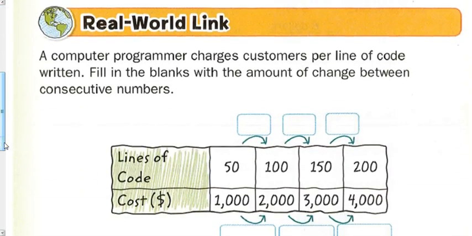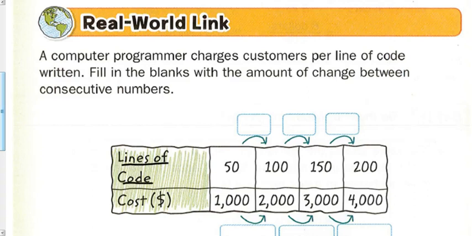So let's look at our real world link. A computer programmer charges customers per line of code written. So we're going to fill in the blanks with the amount of change between consecutive numbers. So that's what we're looking at. We're looking at rate of changes. How much change is there between each event? So looking at the lines of code, we go from 50 to 100 to 150 to 200.